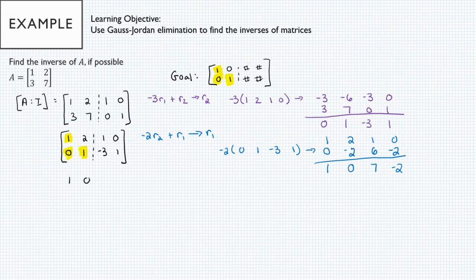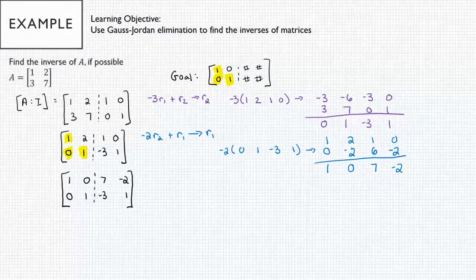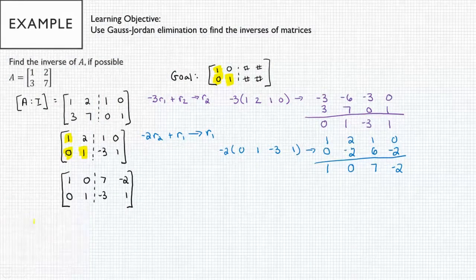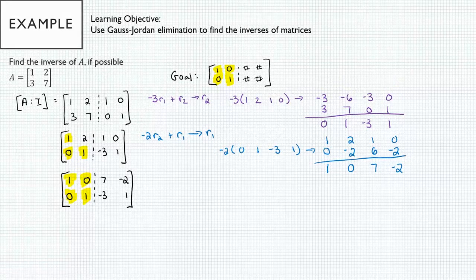So I have 1, 0, 7, -2. My second row is not changing. And when you write matrices, you have to have these brackets around here, so that's really important to make sure you're using those brackets. So now you can see that my left side is our goal. We have the identity matrix on the left.